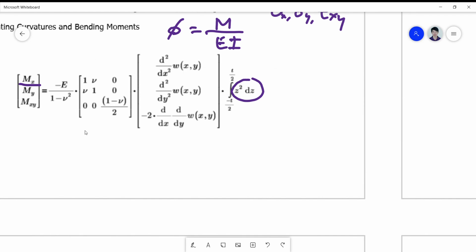With, of course, what's this? This is simply a property, no? Has something to do with the modulus of elasticity and the Poisson's ratio. So this is now your flexural property D, okay, which includes, of course, the moment of inertia here.